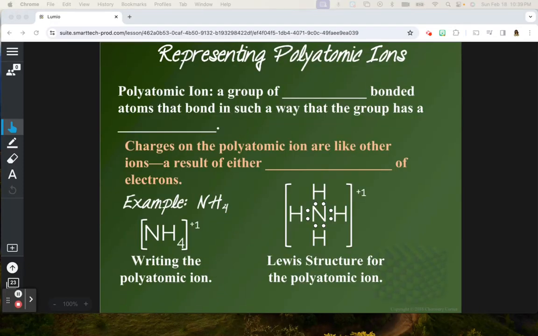Okay, next up, we're going to discuss something called polyatomics. Polyatomics, a group of covalently bonded atoms that bond in such a way that the group of them have a net charge, either positive or negative.